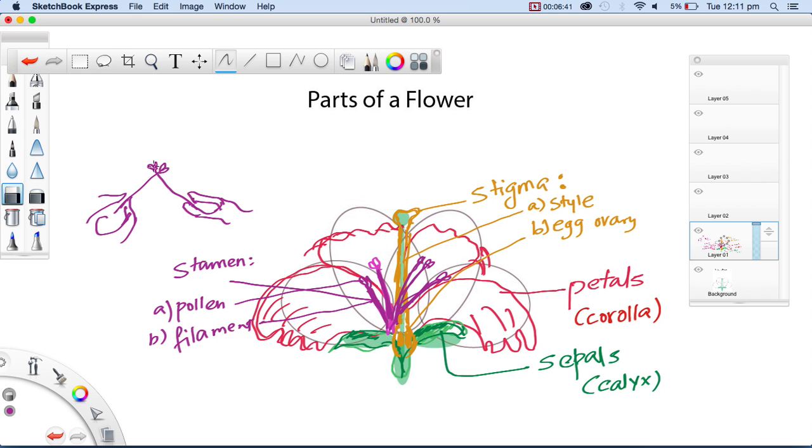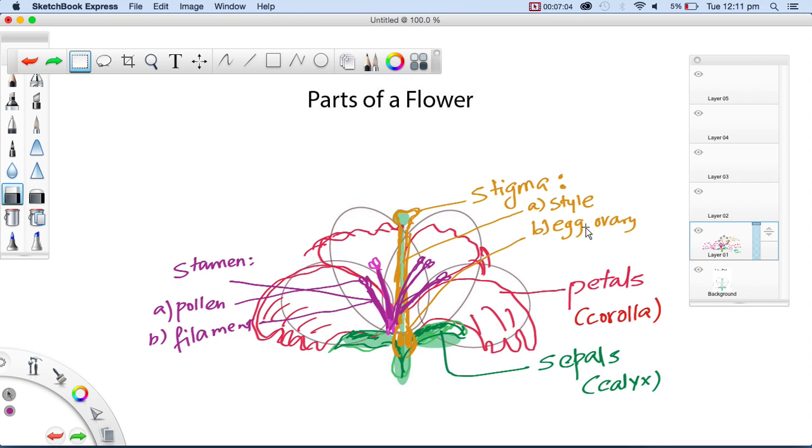Just take it and rub that off. Yeah, the stamen has the pollen and the filament.